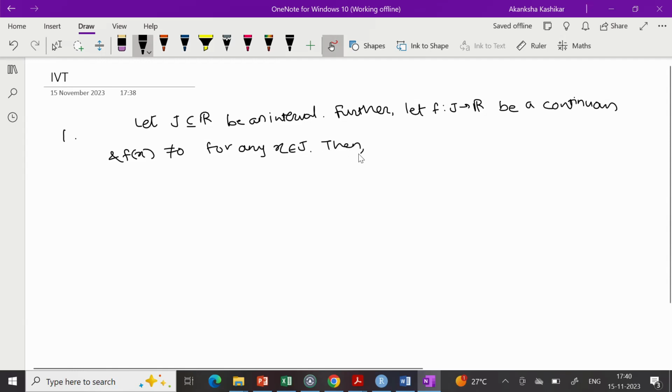Then f is either greater than 0 on J or f is less than 0 on J.